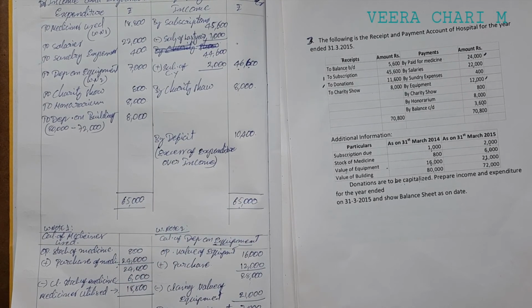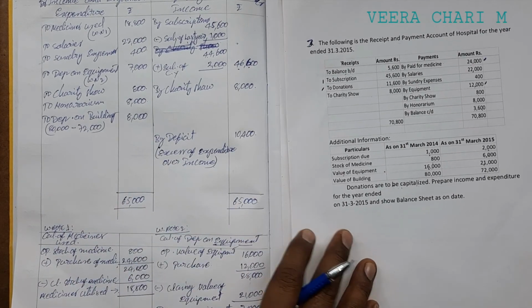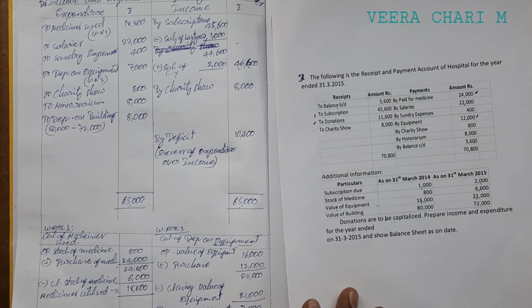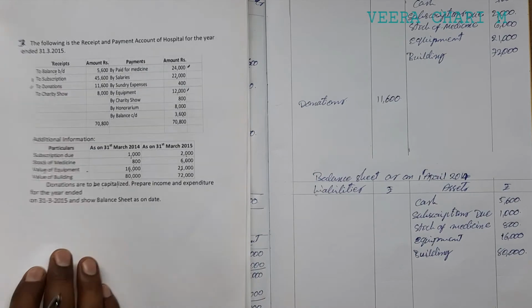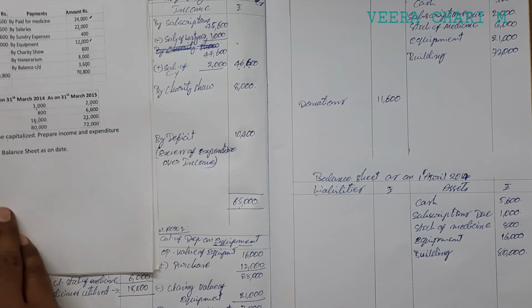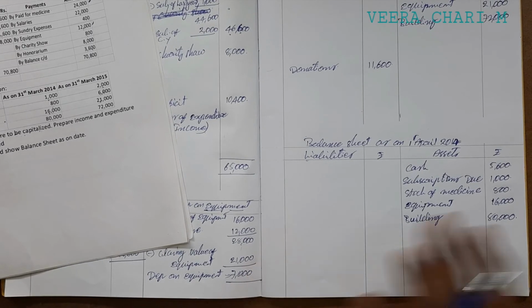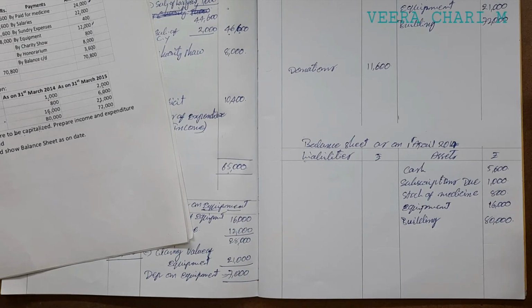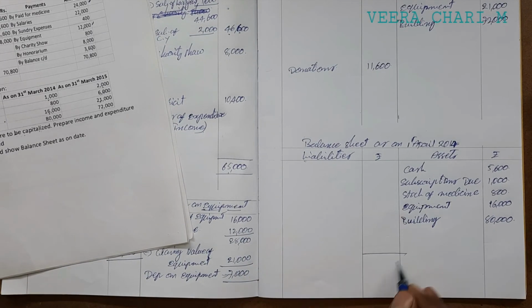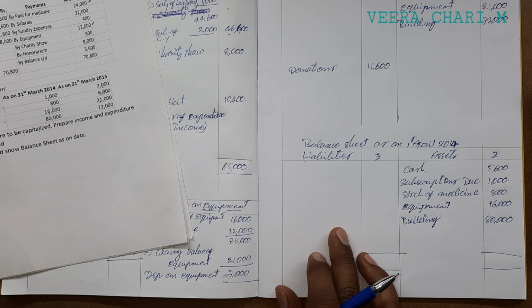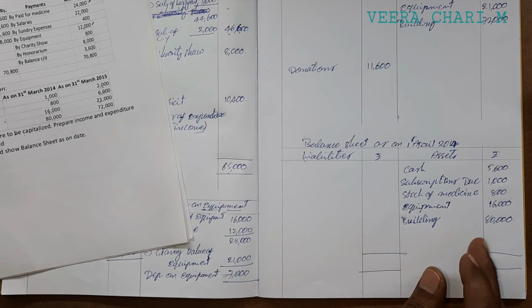This deficit we should deduct from the opening capital fund, under closing balance sheet. For computation of the opening capital fund, you should calculate the difference of the opening balance sheet. There are no items under the liability side, only the asset side.